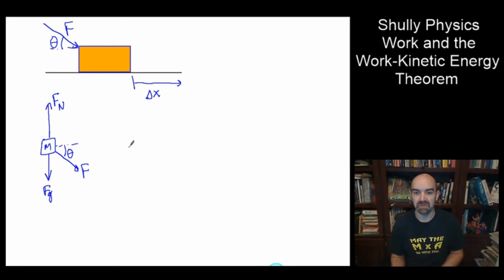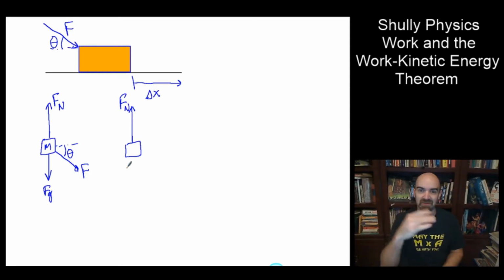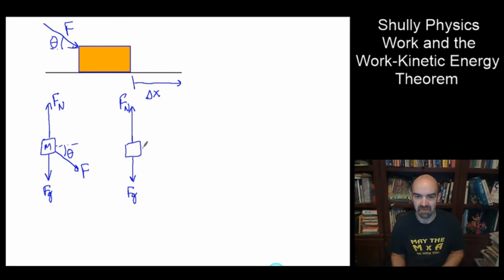Now we're going to separate that angled force into its components. We're going to keep the normal force in the y direction. The acceleration of this box is going to be to the right, so we want to make sure the right stays as our x-axis. I'm not changing the orientation here to suit F. Now this force F has a right-hand component and a downward component.